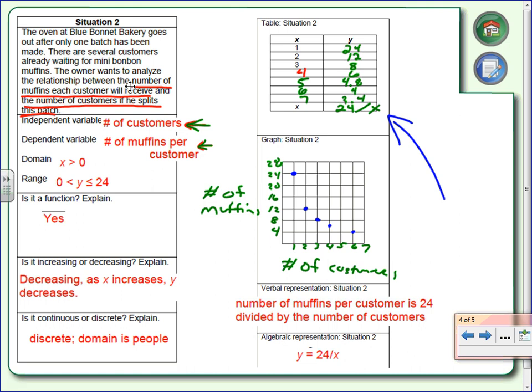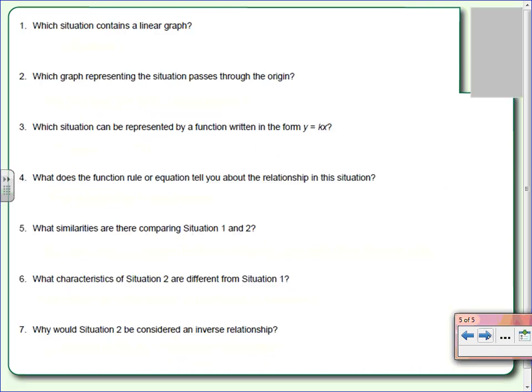Okay? Now, the last page here has some questions that pertain to these two situations. So let's go and answer those questions real quick. Number one, which situation contains a linear graph? Everybody look at your two examples that we worked, and write down which situation contains a linear graph.